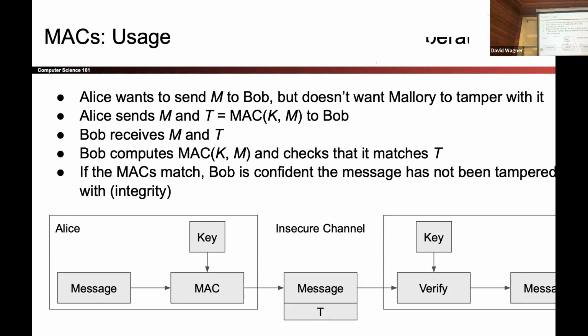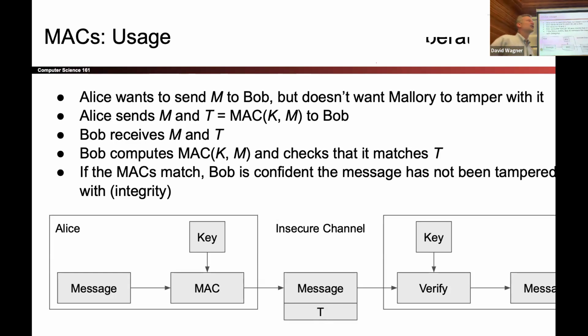And then Bob can check the integrity of the message to make sure it hasn't been modified or tampered with and make sure that it came from Alice by using the key, same key, Bob also knows the same key, to recompute the correct tag for this message and checking to make sure that what was sent matches what Bob computed for that message.